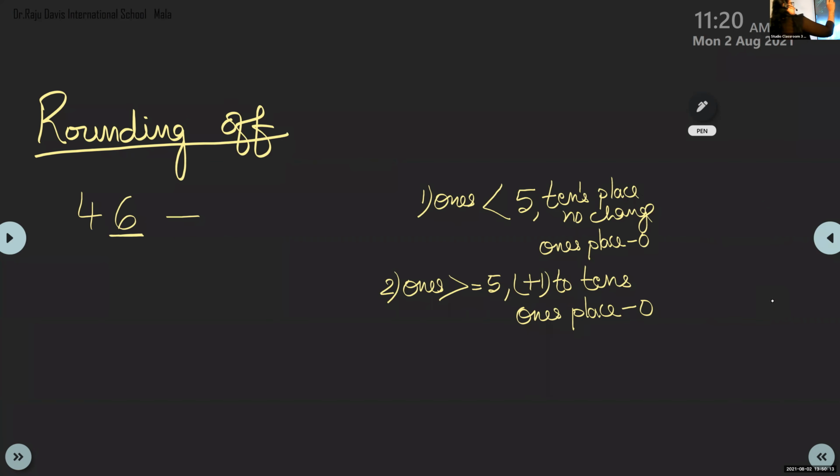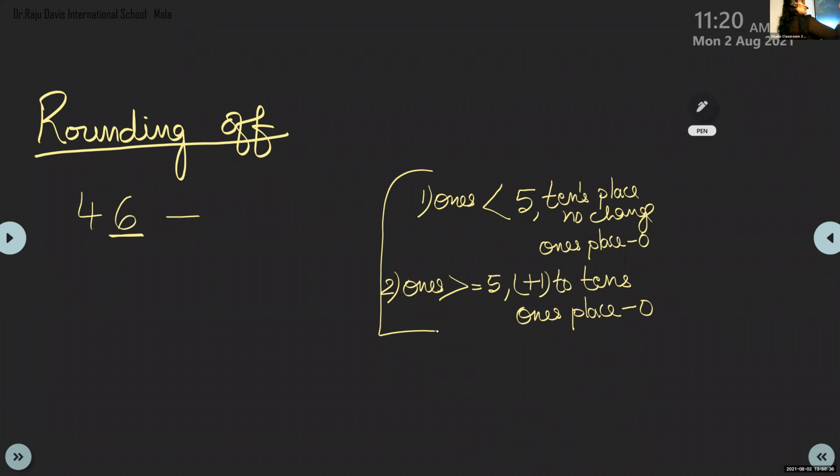Now here, the first number I have given is 46. You have to underline this 6 and check whether it is greater than, equal to, or less than 5. Now 6 is greater than 5. So what is to be done?